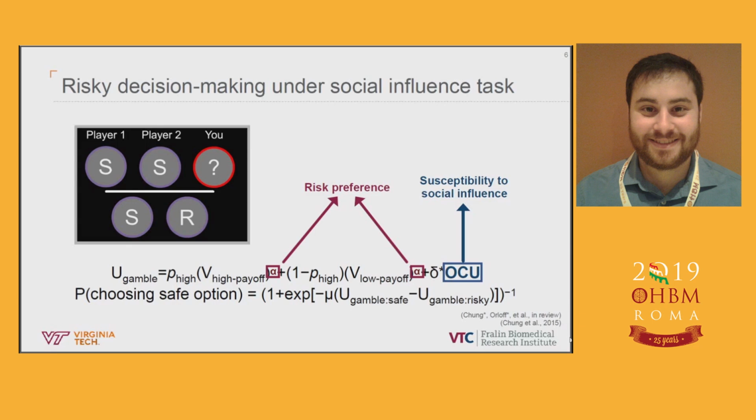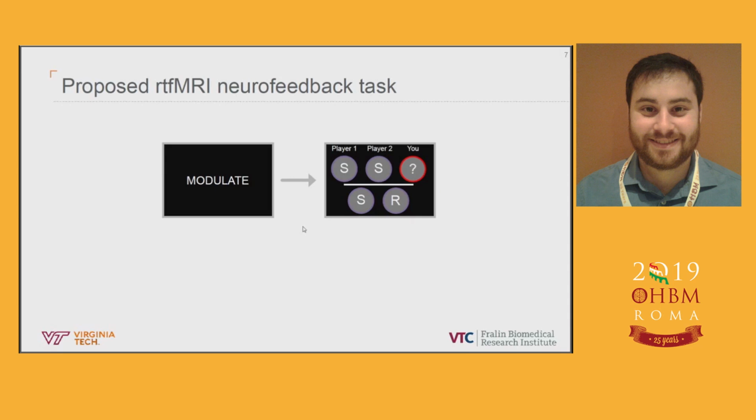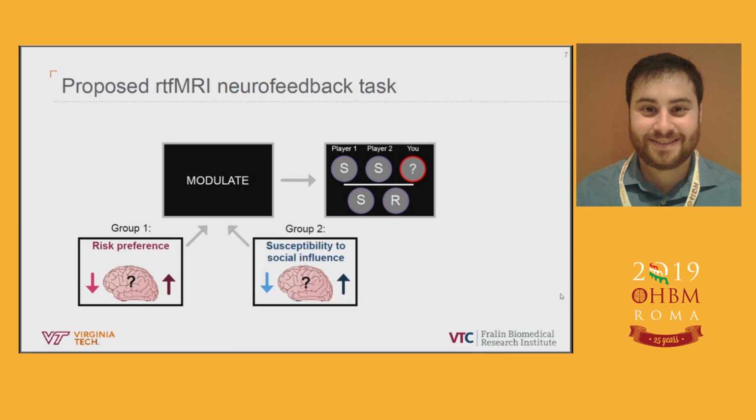And a paper that we currently have in review shows that these two parameters are related to real-world health risk behaviors. And I propose using real-time fMRI neurofeedback to have individuals modulate particular brain patterns before making decisions in each trial of this task. And specifically, I'll have individuals modulate brain patterns associated with risk preference or brain patterns associated with susceptibility to social influence.